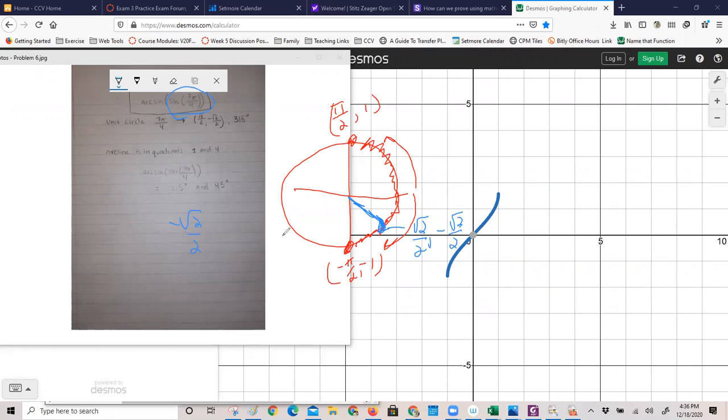Down here, remember, all students take calculus. Down here the sine is negative. Of course, we know that because we see that. So if I do the arc sine of that negative value, I know it's negative.